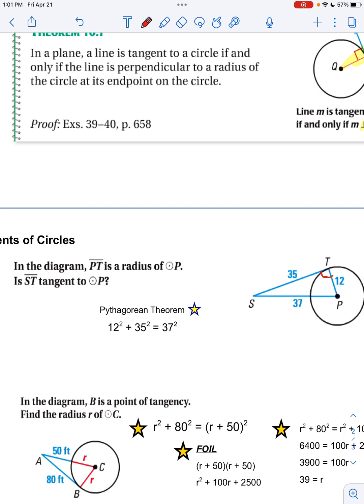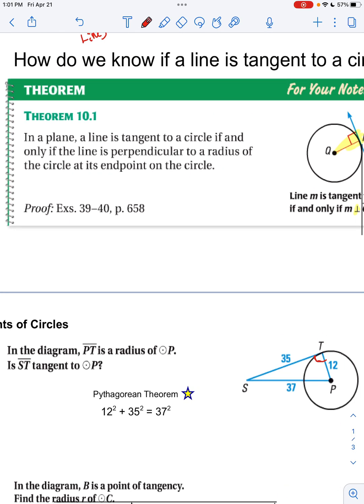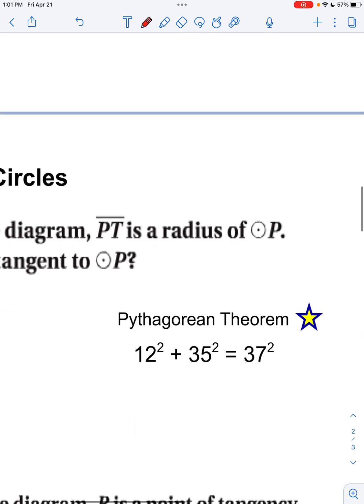And if I have a 90-degree angle, I can try the Pythagorean theorem: leg squared plus leg squared equals hypotenuse squared. 12 squared is 144. 35 squared is 1,225.